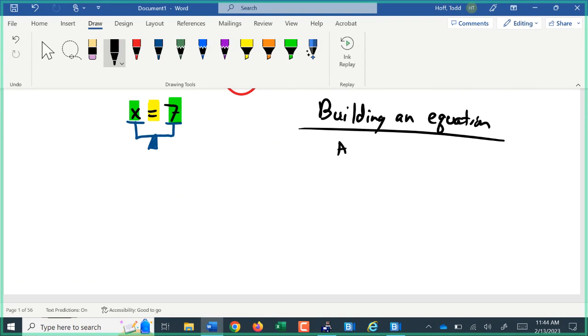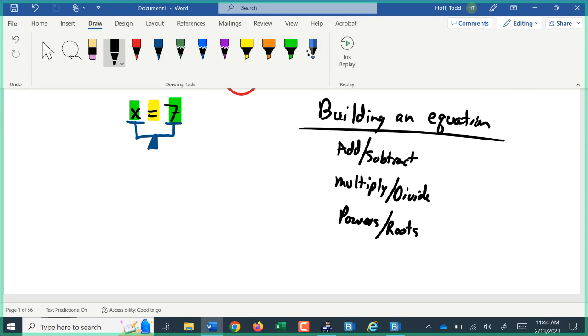We can do addition and subtraction. We can do multiplication and division. We can do powers and roots. And those are just the types of operations, the pairs of operations we've looked at so far.